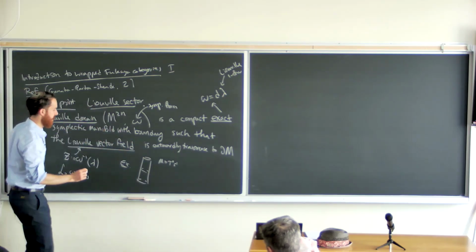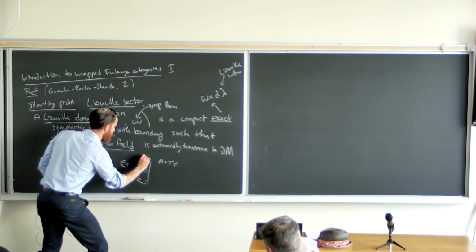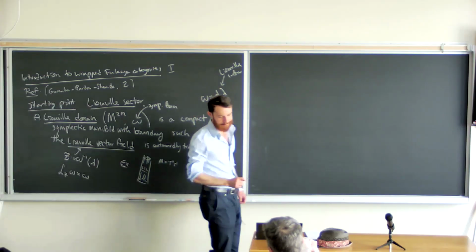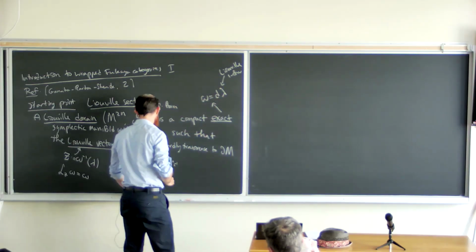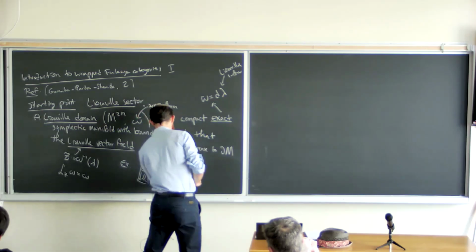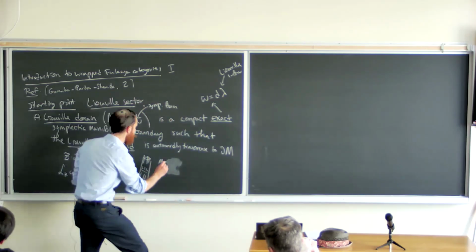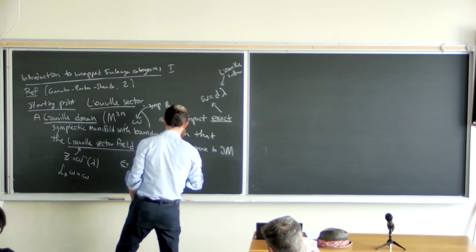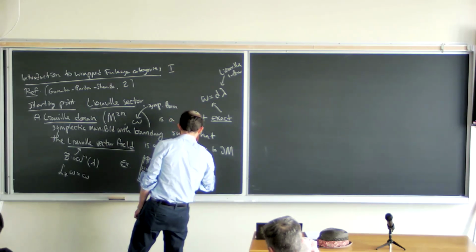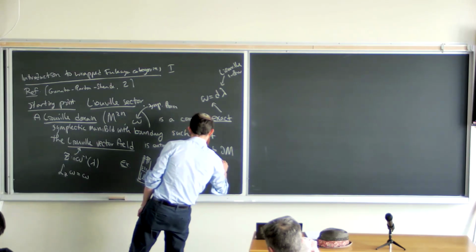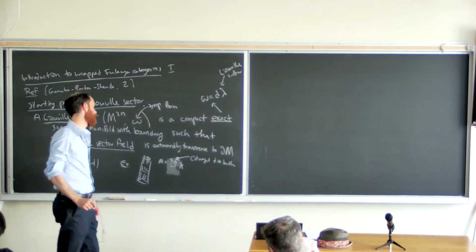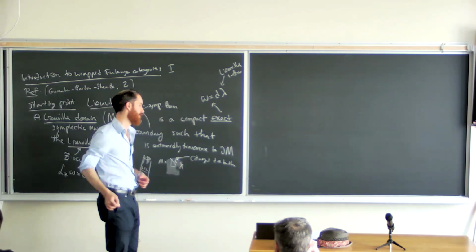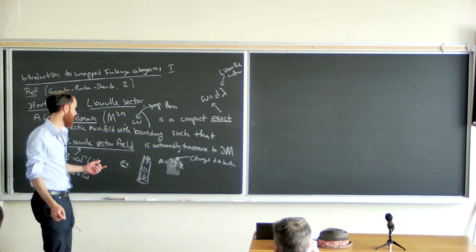Since this is a compact symplectic manifold with boundary, I can take M to be D star X, where by D star I mean the unit cotangent disk bundle of X. The cotangent bundle is a vector bundle on X, and instead of taking the whole vector space, I take a unit disk in each fiber after putting a metric on it. So then I get a symplectic manifold with boundary.